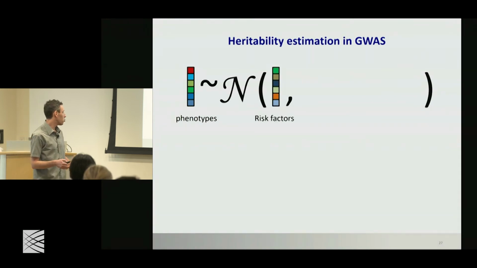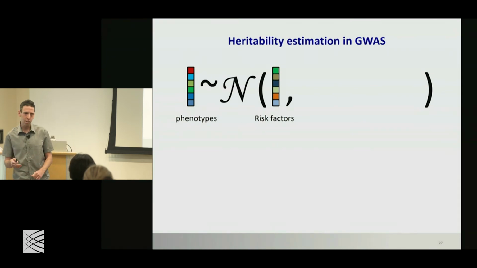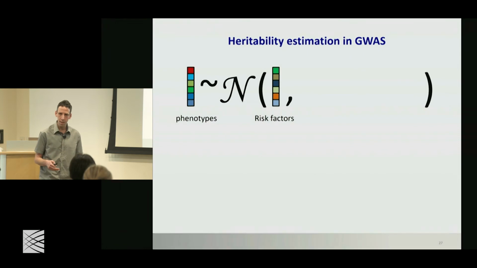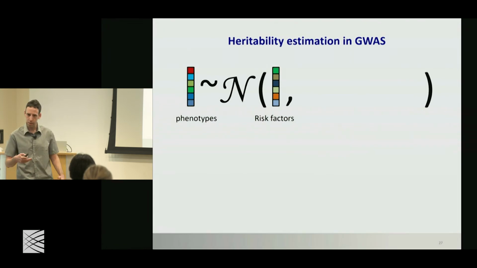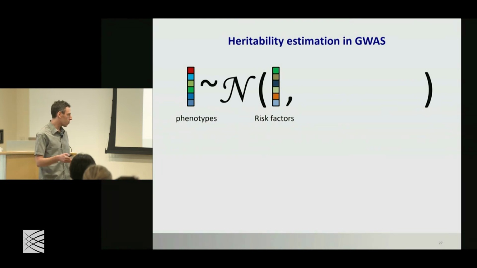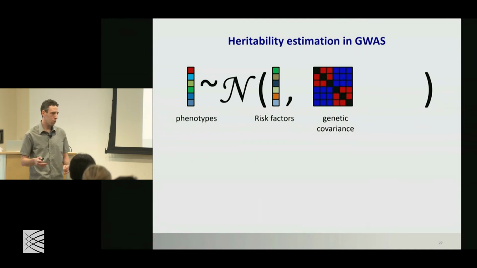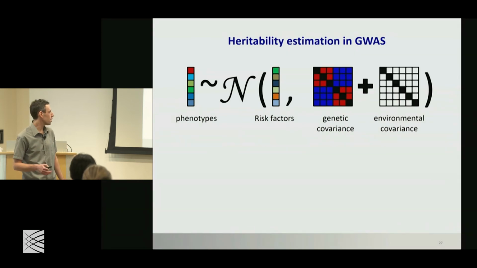So instead of a mean, we have a vector of means, one mean for every individual, and typically this vector is affected by risk factors like, for example, age or diet or smoking status. And instead of a variance, we have a covariance matrix. Typically, this matrix is given by the sum of two matrices. The first is a matrix of genetic covariance, and the second is a matrix of environmental covariance.